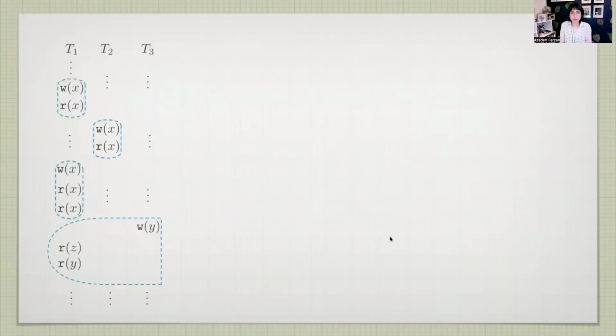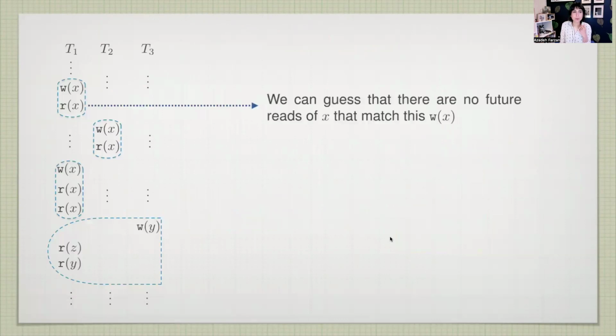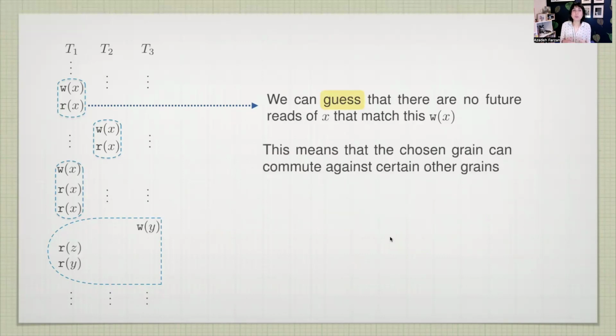So for example, coming back to the example that I showed you before, here you can just say that I decided non-deterministically to choose this grain. And really, I face two choices here. This grain is catching all the reads that see this write already, and therefore I can make a choice that this will commute against all other such grains in the future, or not.